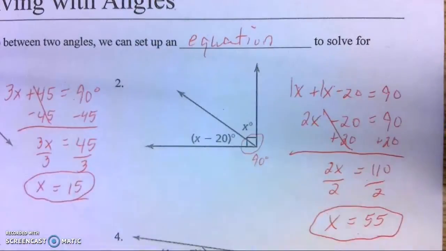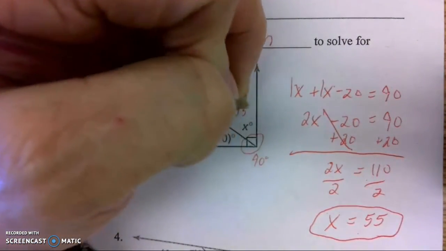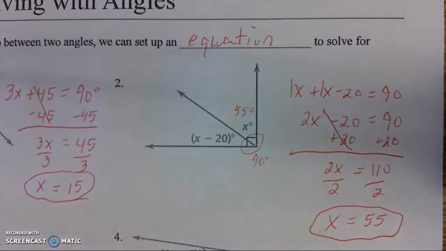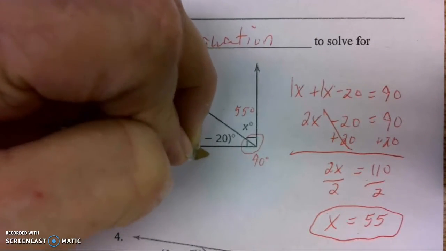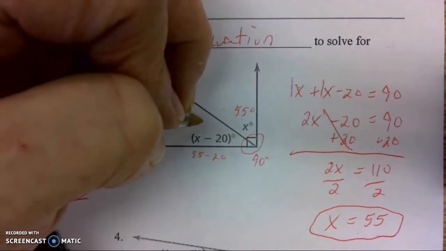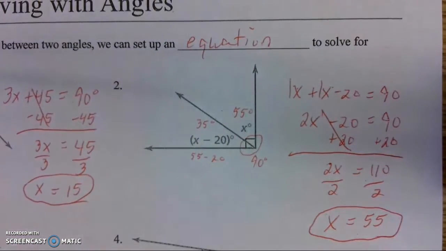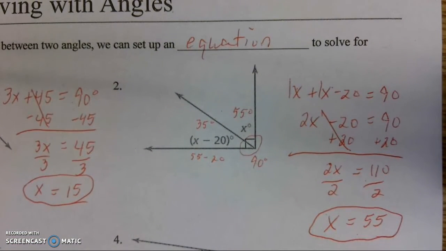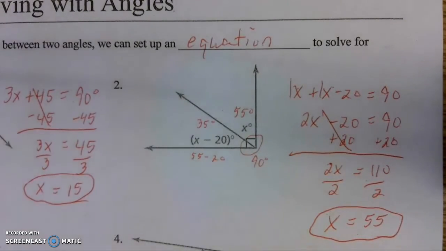So x is equal to 55. That means that this angle is 55 degrees, and this angle is 55 minus 20, which is 35 degrees. And again, I know that my answer is correct because 35 plus 55 equals 90.